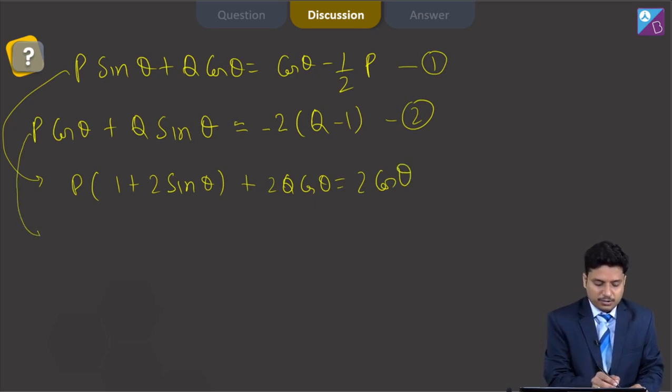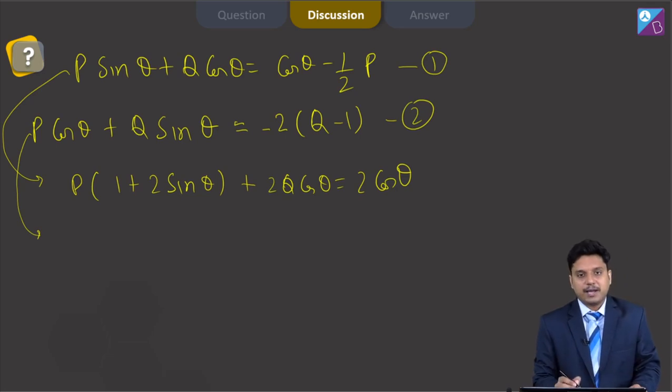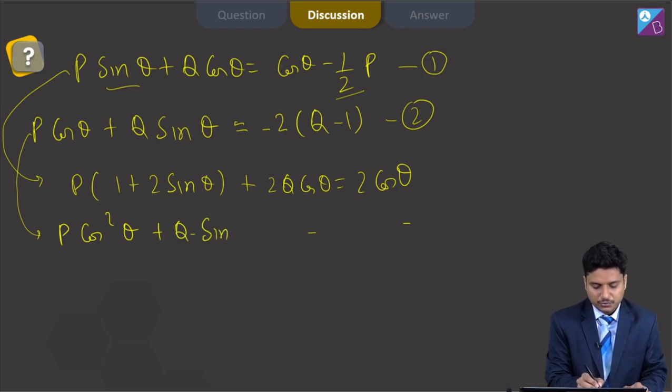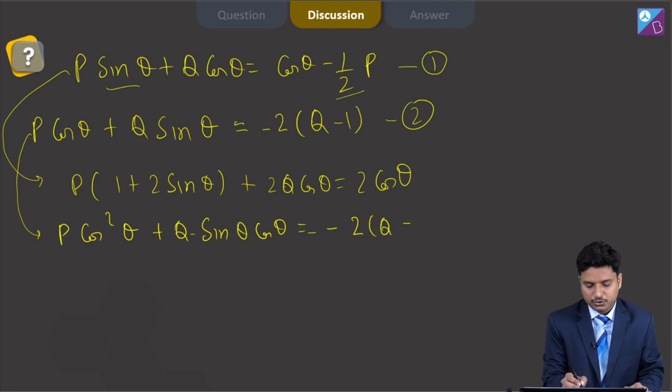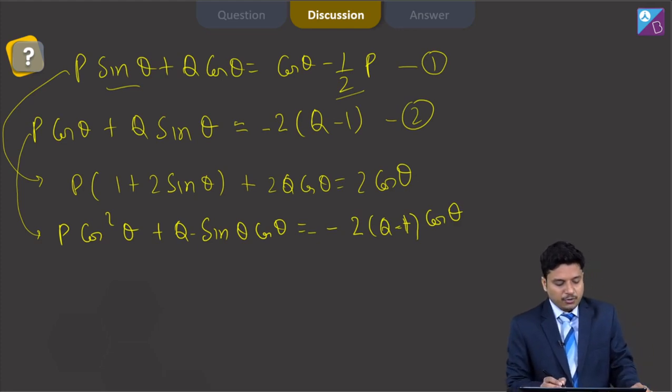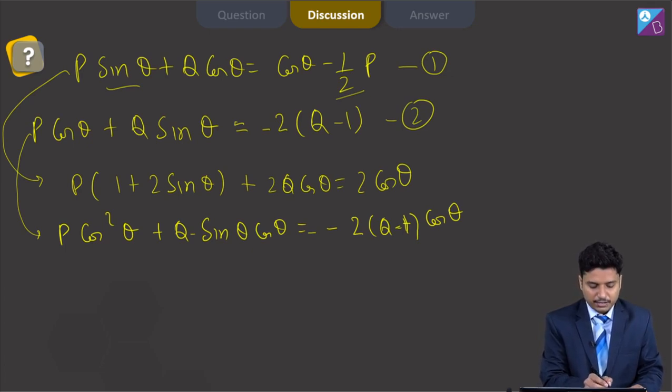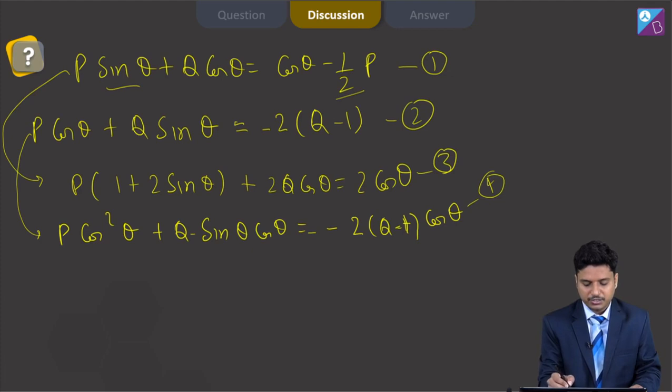Now if you multiply the second equation by cos theta, what you are getting is p cos square theta plus q sin theta cos theta is equal to minus 2 q minus 1 into cos theta. Suppose this is equation number 3 and this is equation number 4.